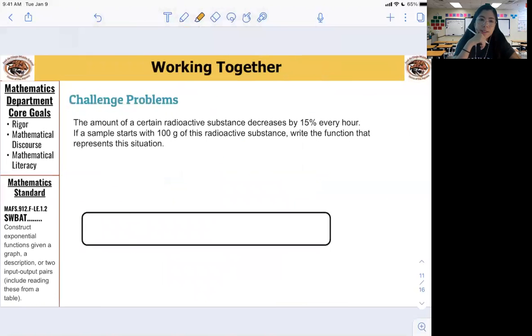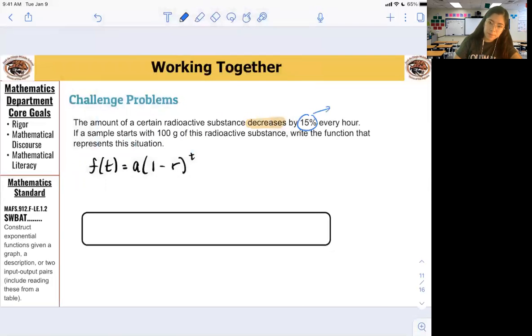Now in this case, where's my keyword? Decreased. But it's the same process, okay? So this time I'm going to be subtracting: 1 minus r to the power of t. But it's the same exact thing, because what is my percentage as a decimal? 0.15. Good. My starting amount is 100.